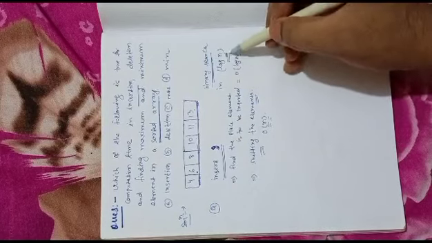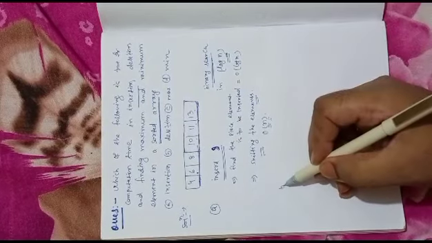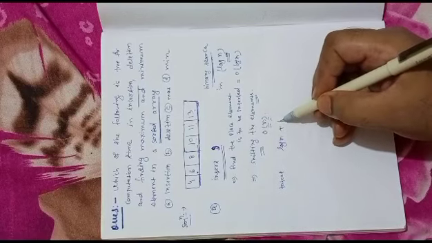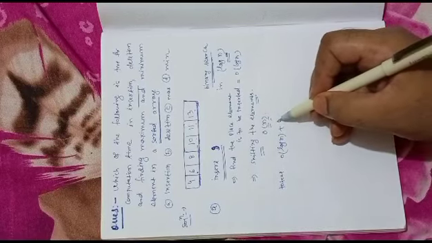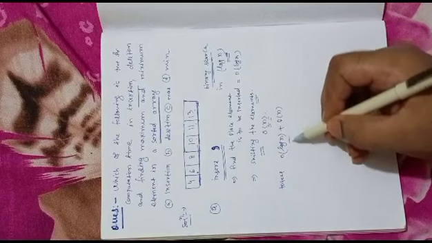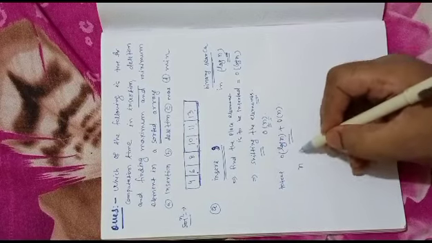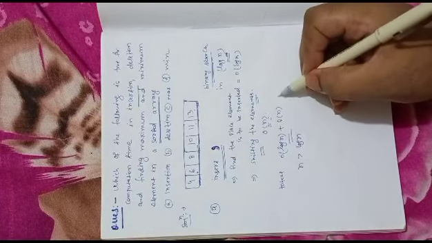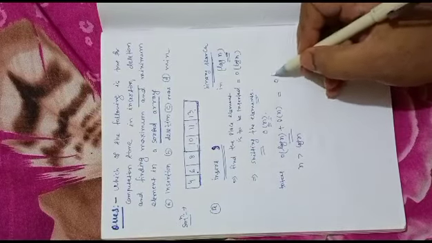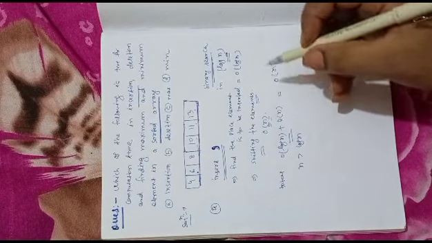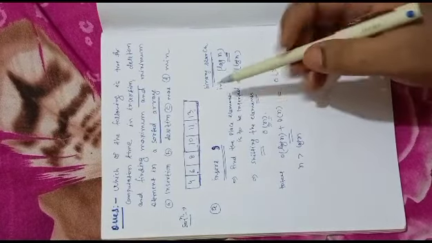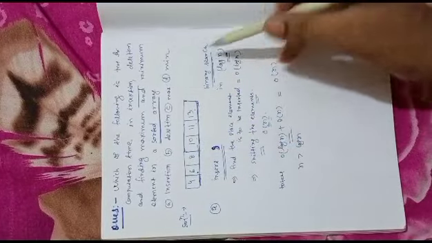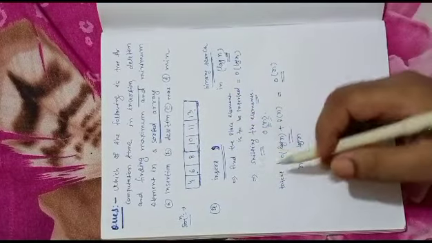So the total time complexity will be O(log n) plus O(n), and as n is greater than log n, this expression will be O(n). So the time complexity of inserting an element in a sorted array is O(n).